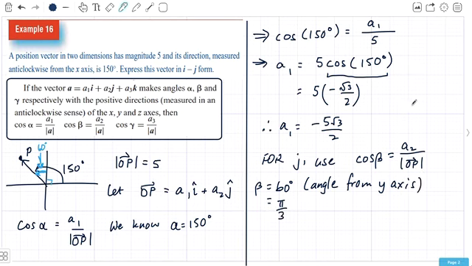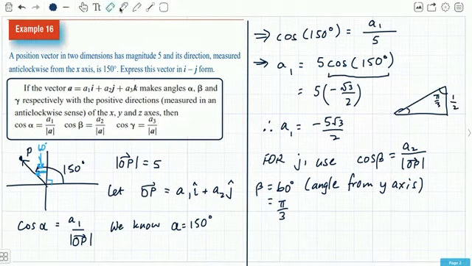So again, from your magic triangle, you know that cosine of pi on 3 is a half, and so we can put that in here. So we're going to write down the formula there. We've got cosine beta equals A2, which is what we're trying to find, over the modulus, which is 5, and we know that cosine of beta is a half.